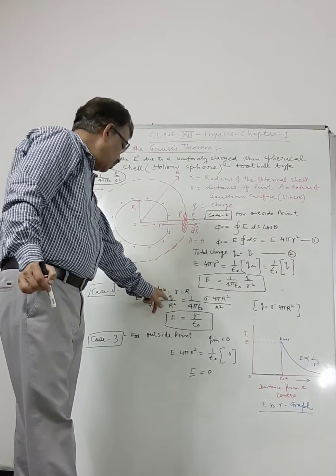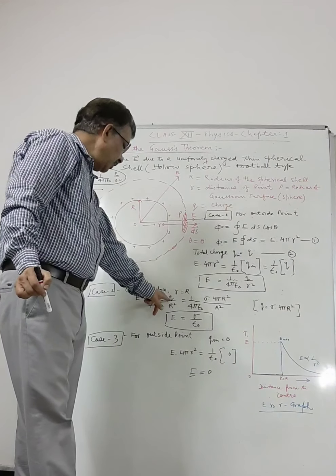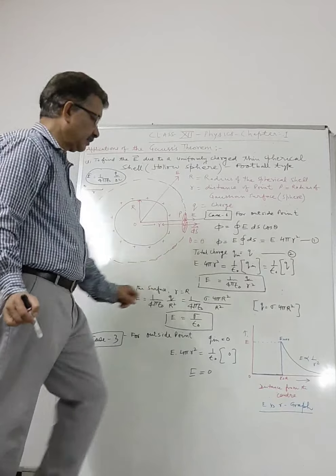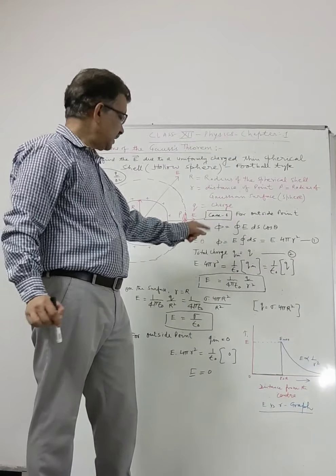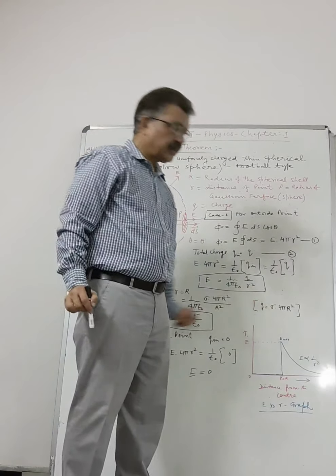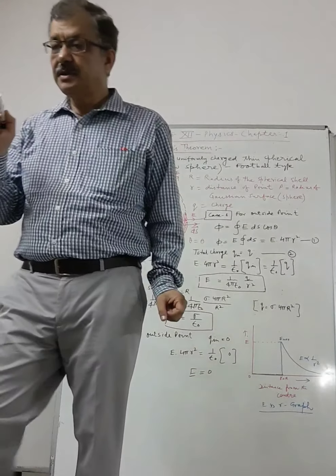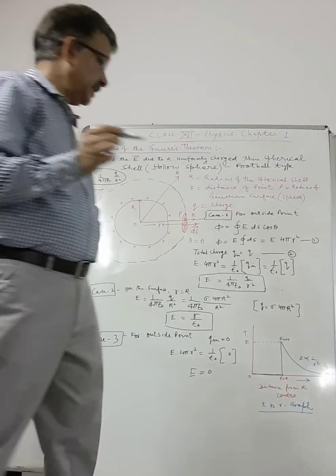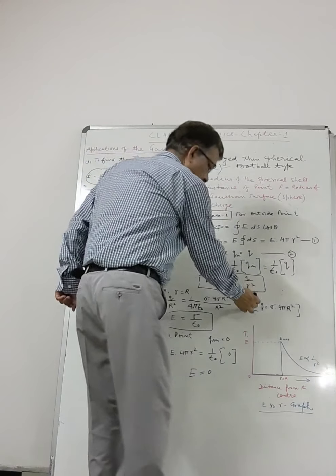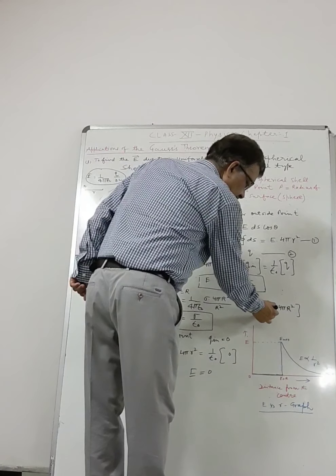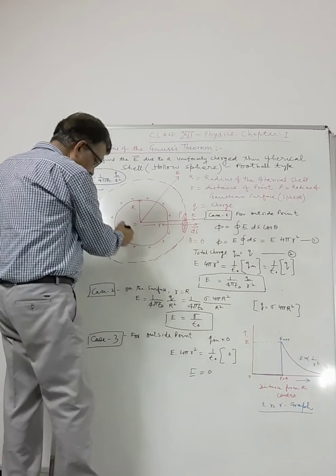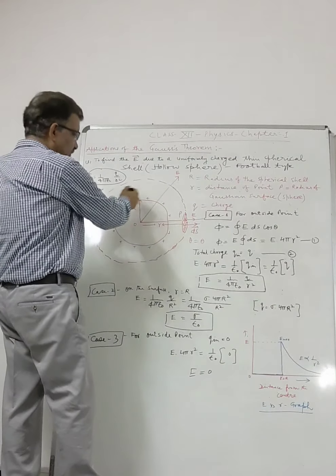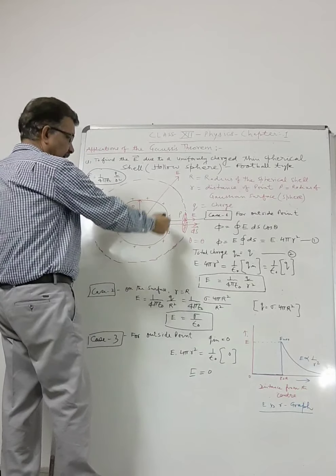And now we have to find the value of Q in terms of sigma. Sigma is the surface charge density. So the total charge is equal to sigma multiplied by the surface area of this spherical shell, because the charge is distributed here.